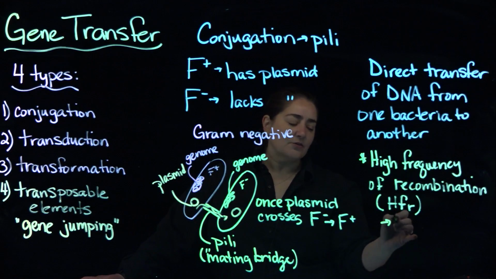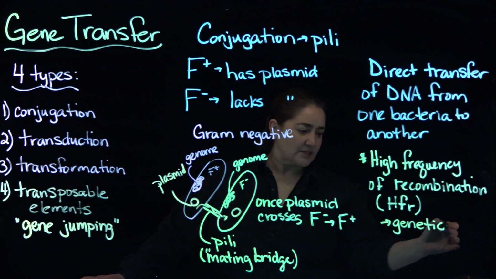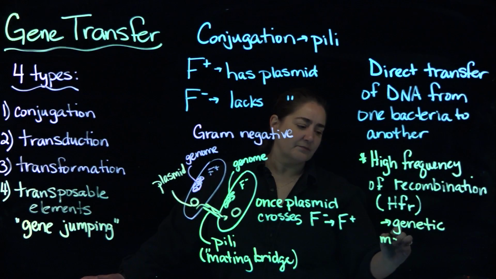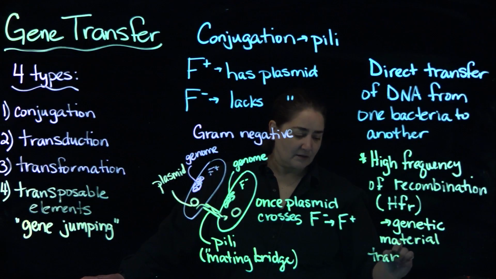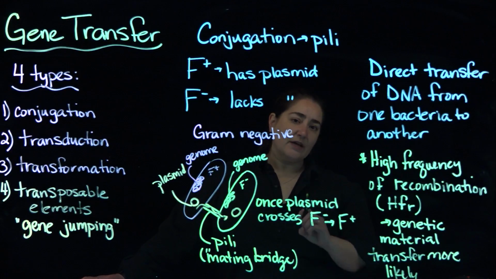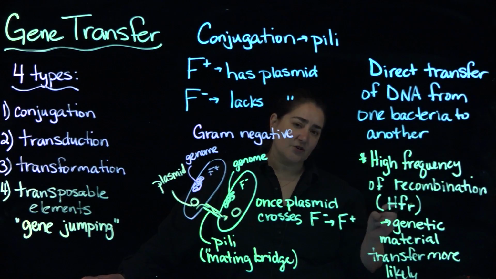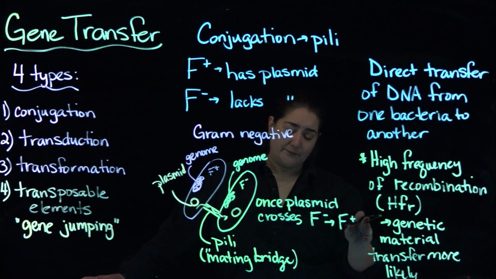Okay, so with that high frequency recombination, the genetic material and the transfer of genetic material is just going to be more likely. So when bacteria are classified as HFR strains, it means they have that ability to transfer information to other bacteria, and it happens at a fairly high rate, okay?